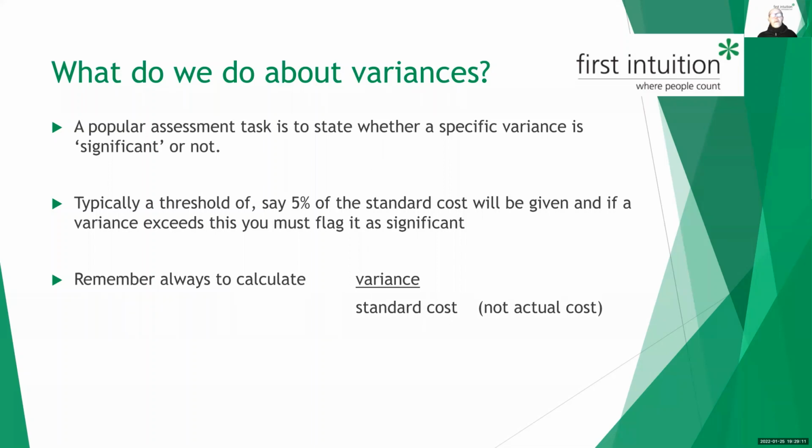But if you compare that to the actual of 10,500, you get less than 5%. So popular error is to measure against the actual and get a lower percentage. Easily done. So it's variance over standard.